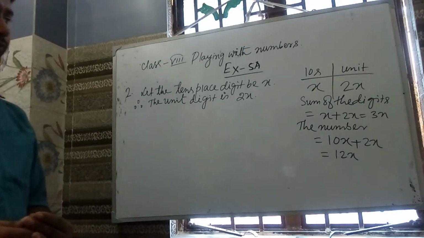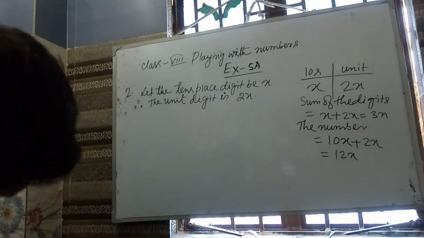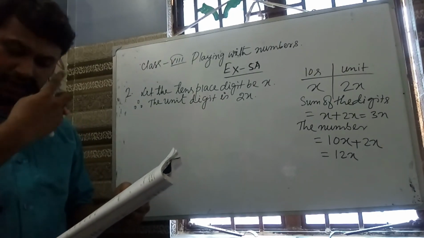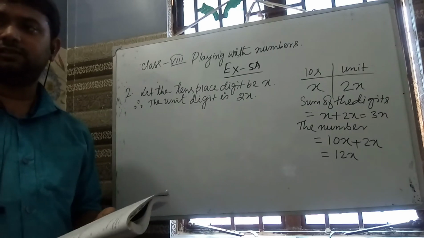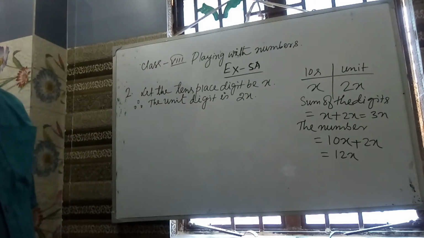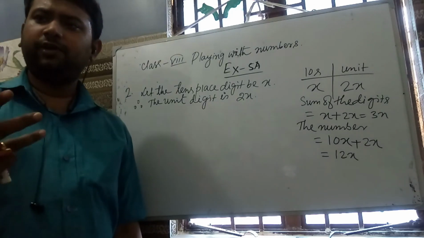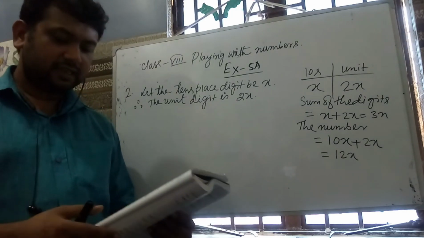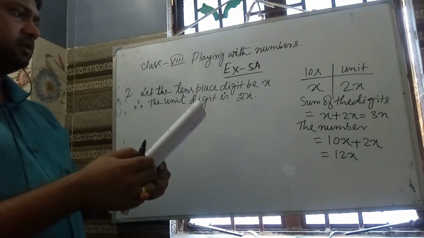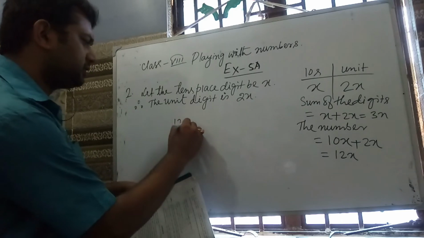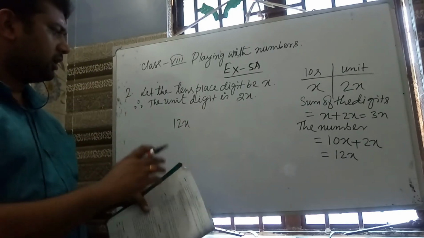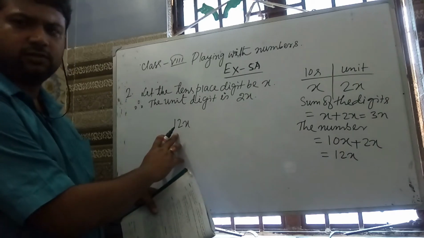Now what is given? The number exceeds the sum of the digits by 18. This term exceeds, underline it. You may find it a very confusing word. Exceeds means, the number is 12x. Do not write it, just understand. The number is 12x.